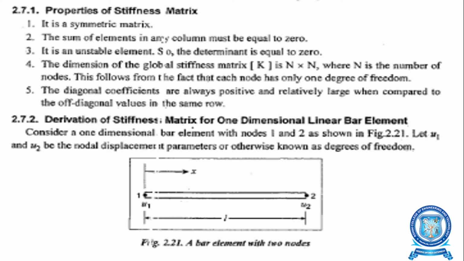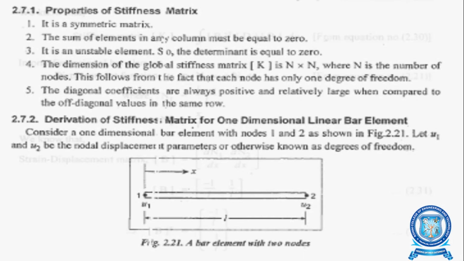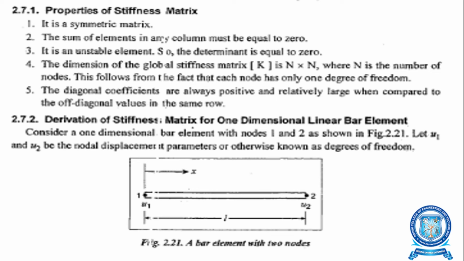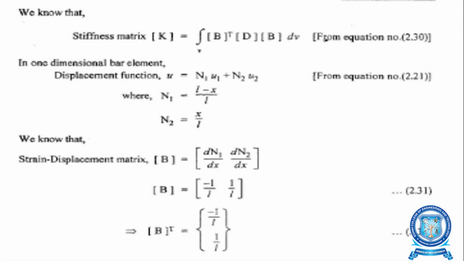Next is the derivation of the stiffness matrix for a one dimensional linear bar element. Here is a linear bar element with two nodes and two displacements, and the length of the bar is L. We know the stiffness matrix is B transpose into D matrix into B matrix.